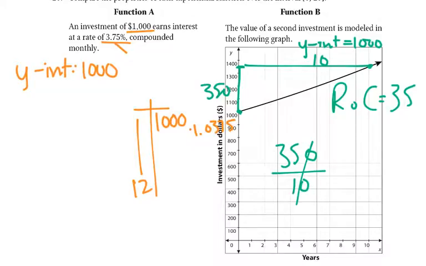So we want to get clear to 10 years, which would be 120 months. Now that's going to suck if we go that far, isn't it? Okay? So what we want to do is we want to create a formula here. So it would be 1,000 times 1.0375 to the x. So we make that to 120, and we can find that value there. So we use the calculator and do that. So we get 82,903.